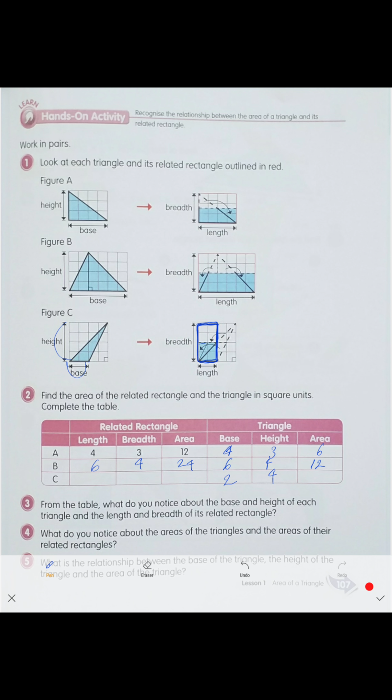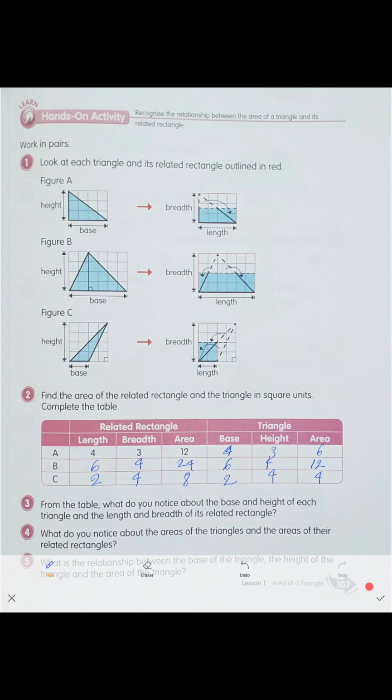So the related rectangle has a length of 2 and breadth of 4, 2 and 4, right? And its area is 8. So same thing, 2 and 4, but the area is twice as less. 8 divided by 2, sorry, is 4. All right. Okay, take your time, process this thing.